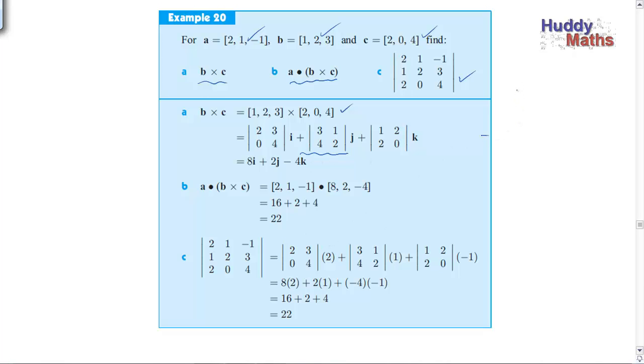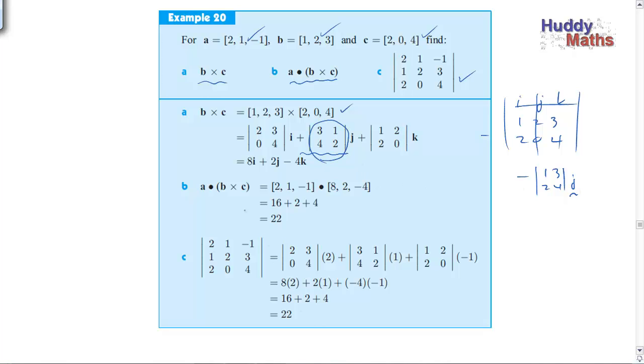So your matrix here, I, J, K, would look like, what do we want? B cross C, 1, 2, 3, 2, 0, 4. And then in this middle component, it would be neg the determinant of 1, 3, 2, 4, J, rather than switch the entries around there.